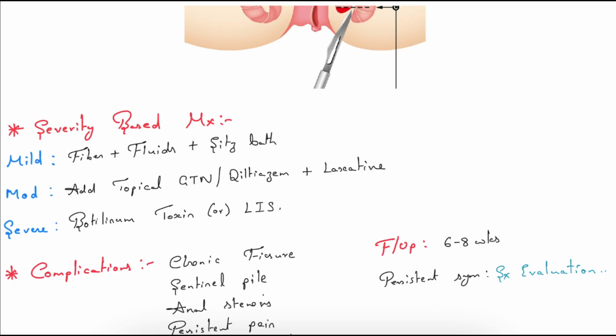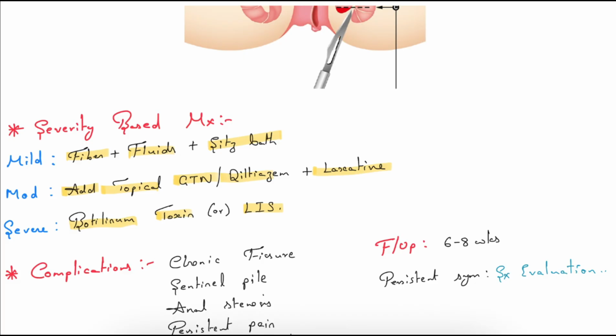Severity based management: in mild cases, fiber food and or supplements, fluids and sitz bath. In moderate cases, we have to add topical GTN and diltiazem and or laxatives. Next one, severe. In severe or chronic cases, we can go with botulinum toxin, or we can go with lateral internal sphincterotomy.